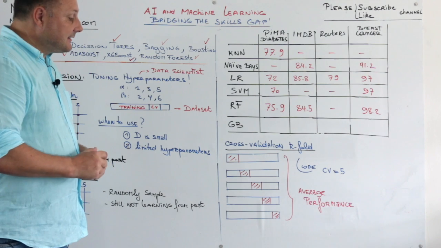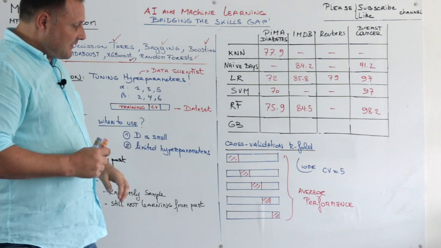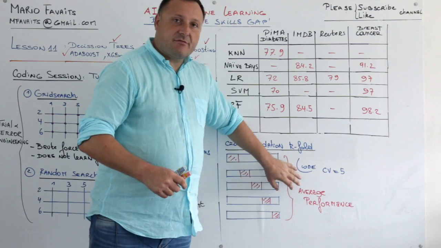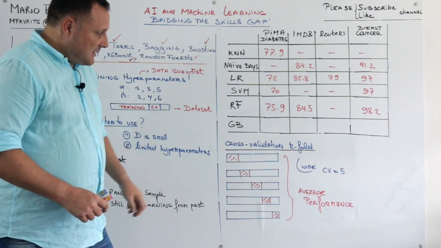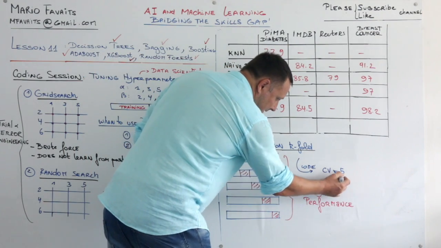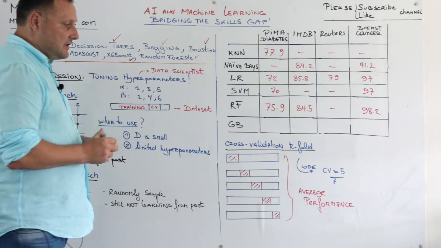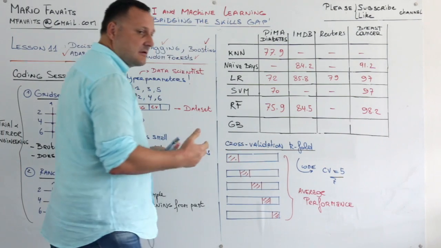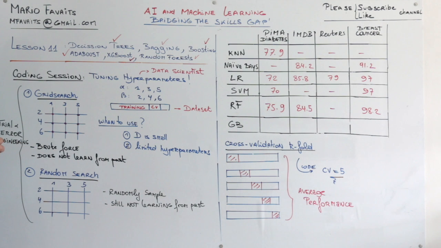This is particularly interesting if your data set is small. Basically, you take the average performance of these 5 cases. In the code that we will write, you will see a parameter cv, for cross-validation, equal to 5. As a standard, we use 5-fold cross-validation.